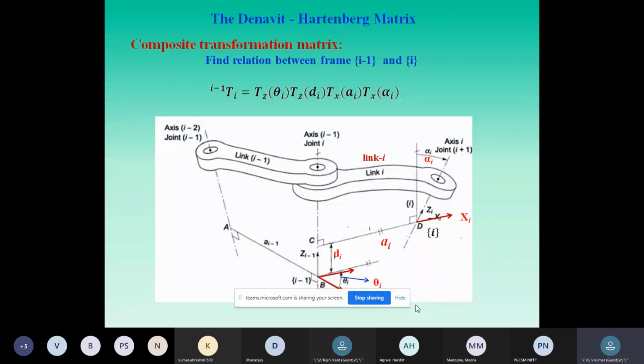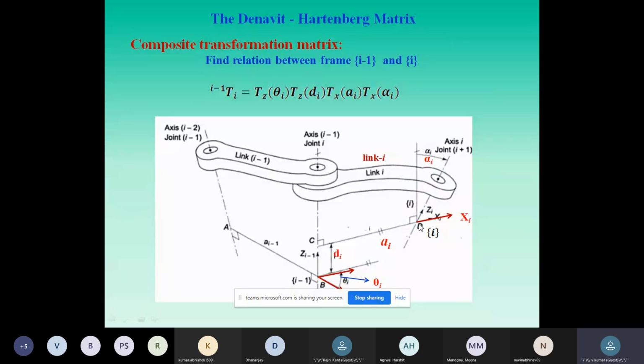Then we know the four parameters. From the homogeneous transformation matrix you know that for four parameters there are four homogeneous transformation matrices, and we multiply them to get the relation between frame i and frame i minus 1. Now how are these two frames related to each other? How do we define it?